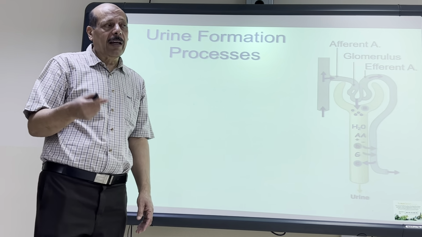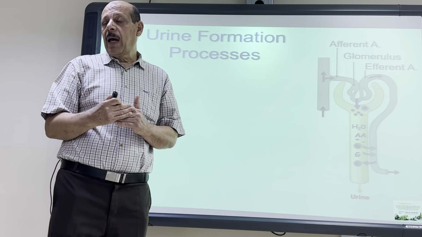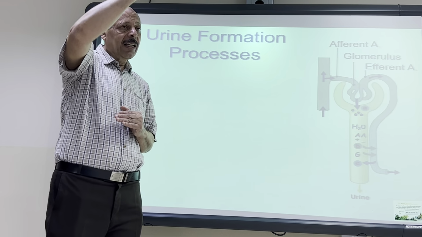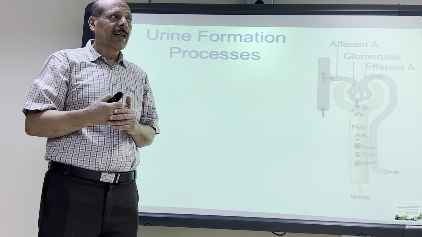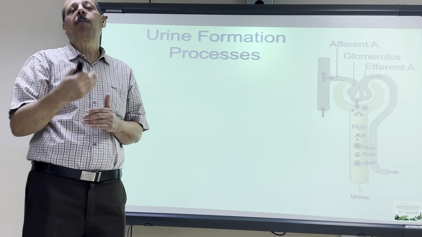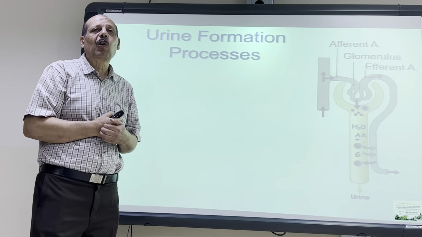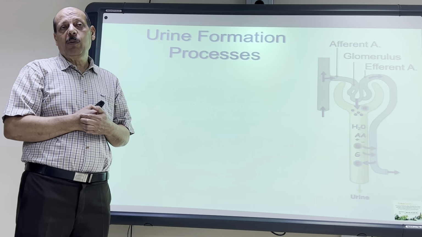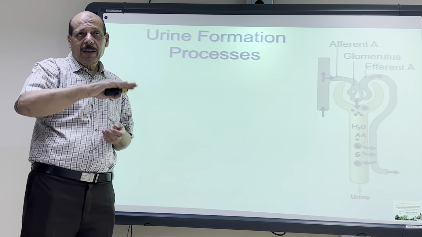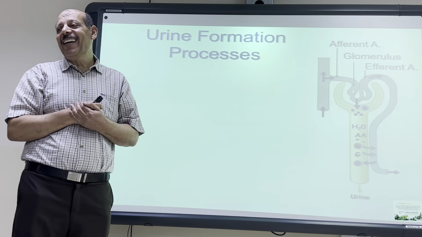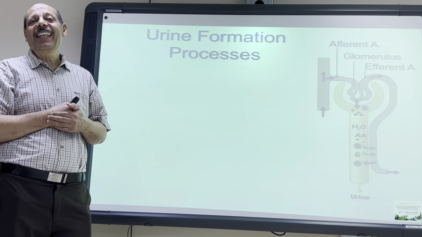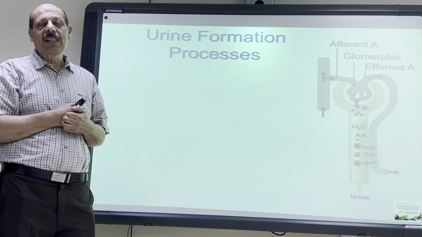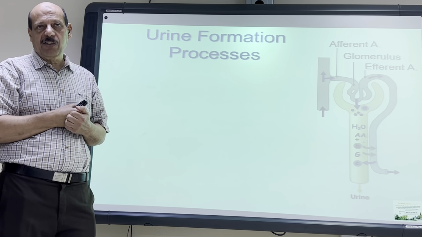But we know that in case of diabetes, when the blood sugar is high, the glucose might come out if the blood sugar is more than what we call the renal threshold. The renal threshold is the level that the kidney can tolerate, which is around 170 milligram per deciliter in the blood.